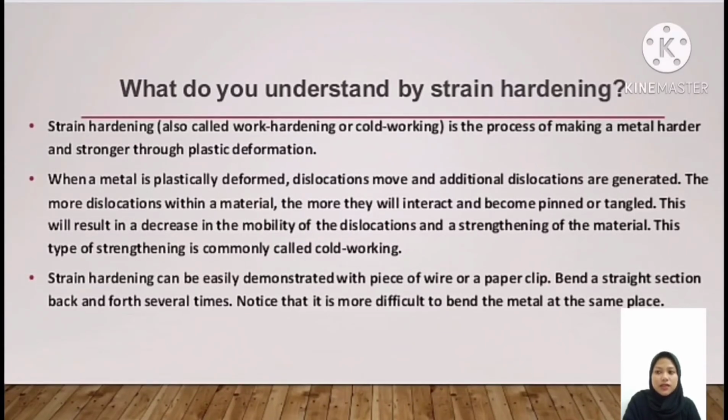This will result in a decrease in the mobility of the dislocations and a strengthening of the material. This type of strengthening is commonly called cold working. Strain hardening can be easily demonstrated with a piece of wire or a paper clip. Bend a straight section back and forth several times. Notice that it is more difficult to bend the metal at the same place.